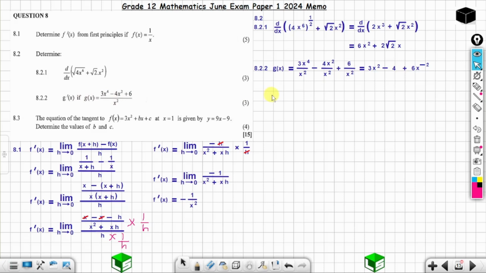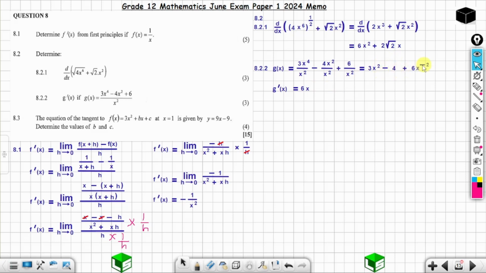Let's find g prime of x. This is equal to 2 times 3, 6, x to the power of 1. You subtract 1 from the exponent, minus 0. The derivative of a constant is 0.